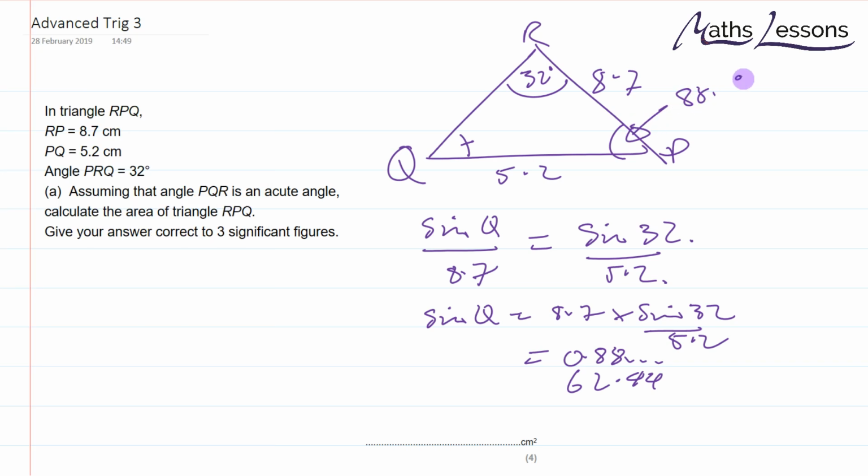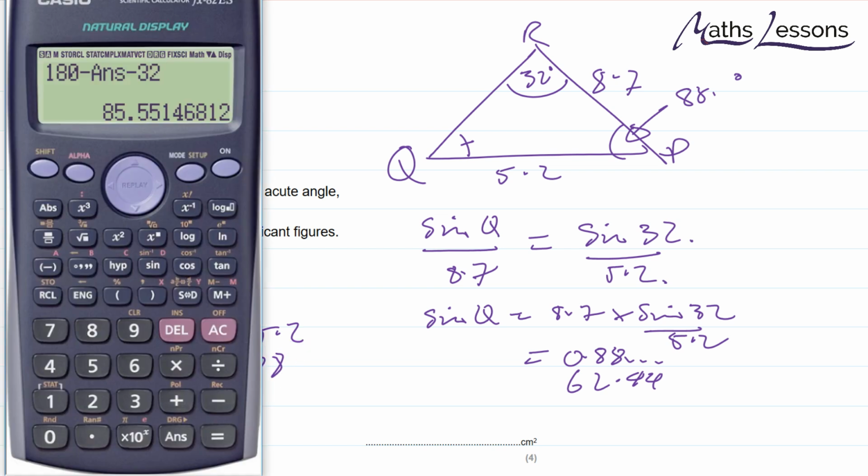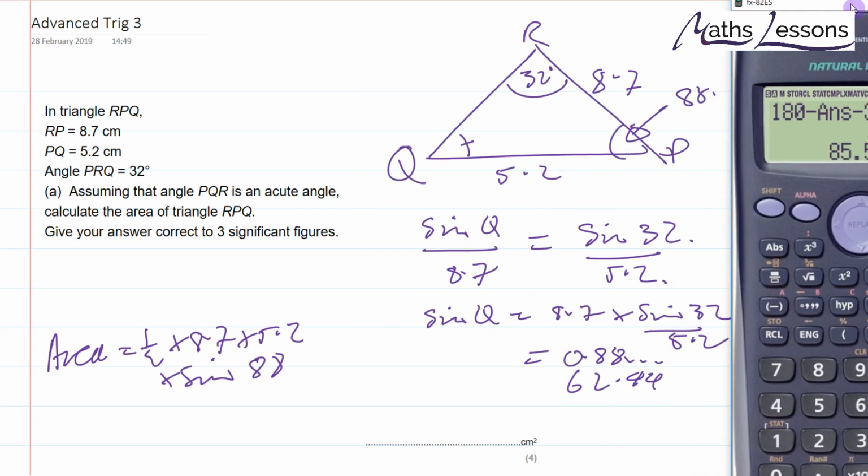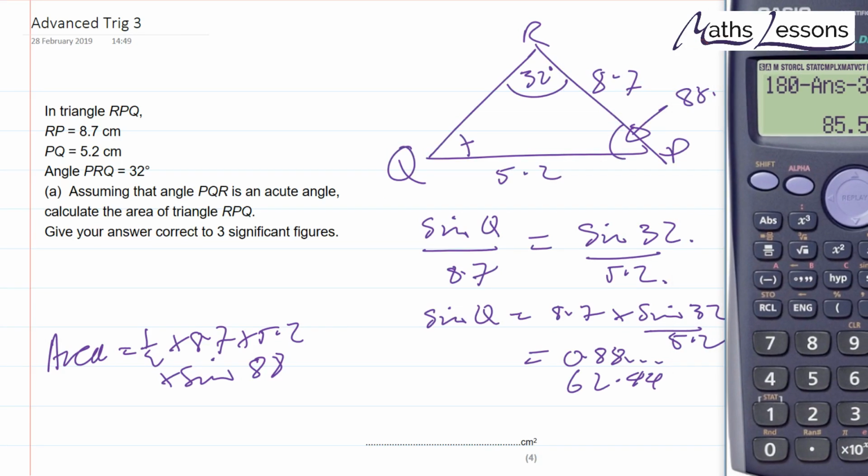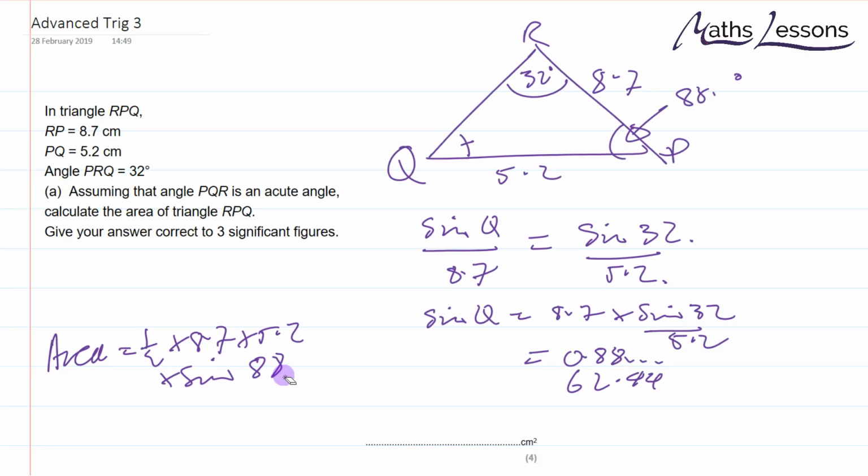And then I can use the area will equal a half times 8.7 times 5.2 times sine of 88. And it wasn't 88, was it? It was 85. Sorry, I can't read my own writing. It's got a bit messy. Sorry, I'll slow down a bit. So sine of 85 and the rest.